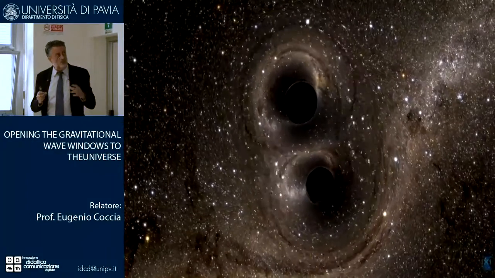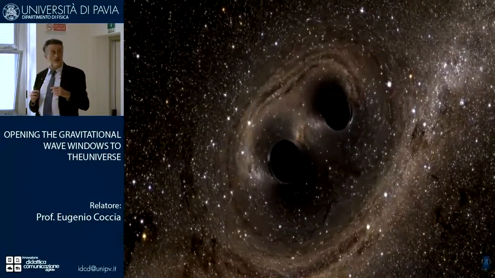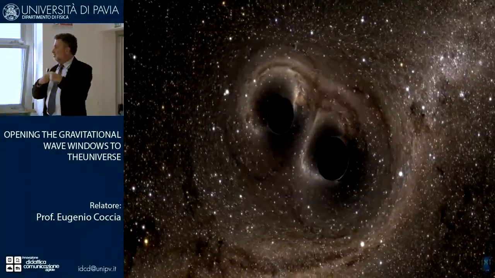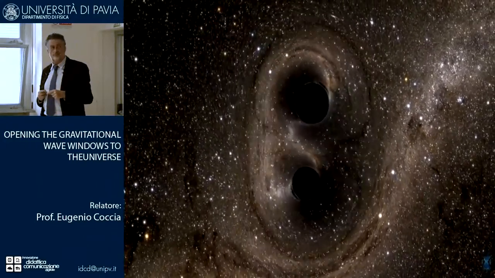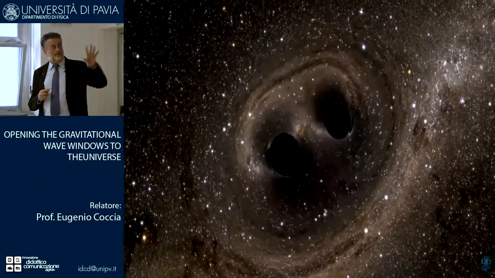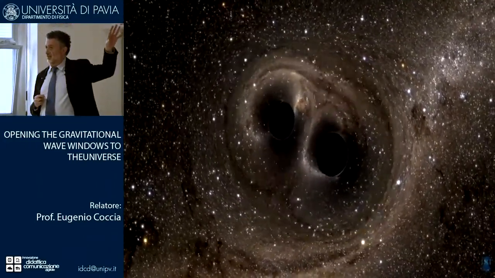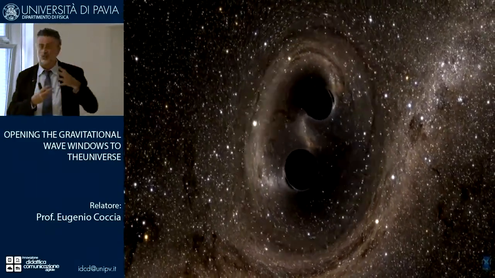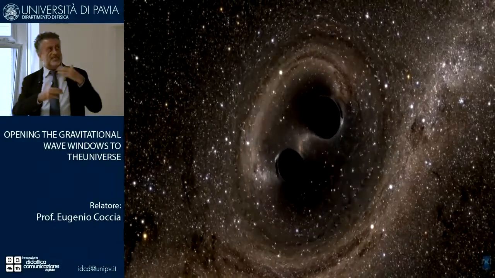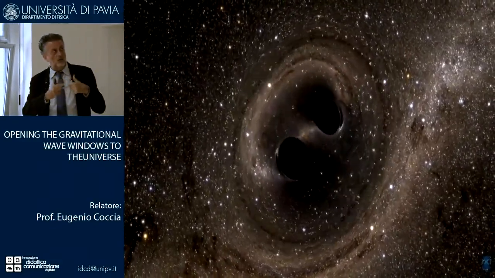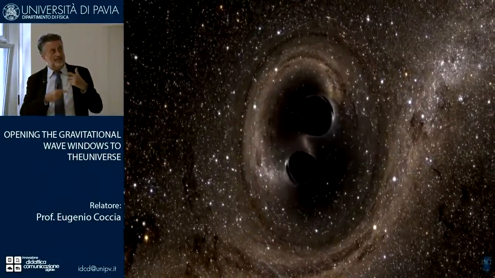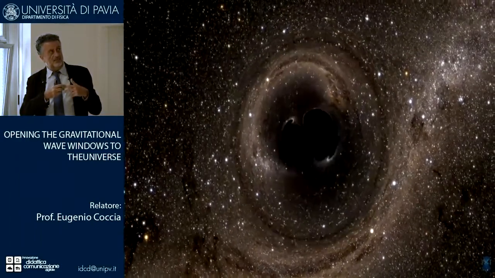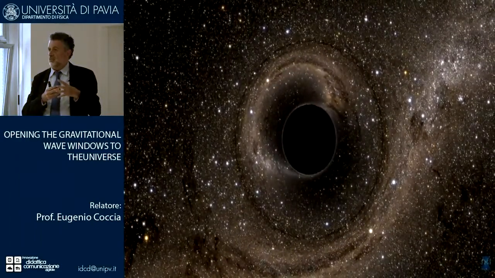There were these two black holes which were rotating one around the other, and this is quite slower than the original. I mean, the original was much faster, but this is just to appreciate this dance of one black hole with respect to the other, and at the end of this dance they fuse with each other.